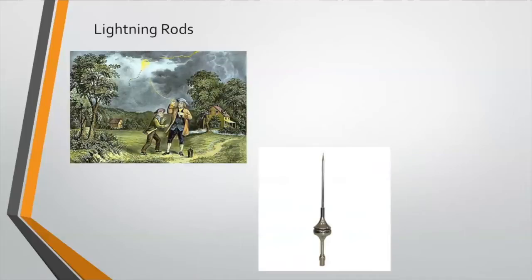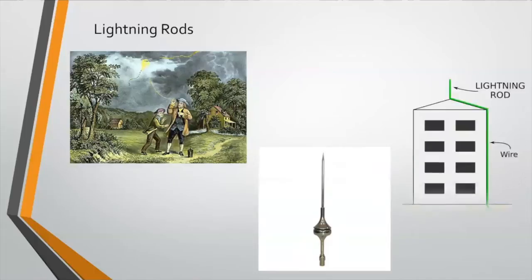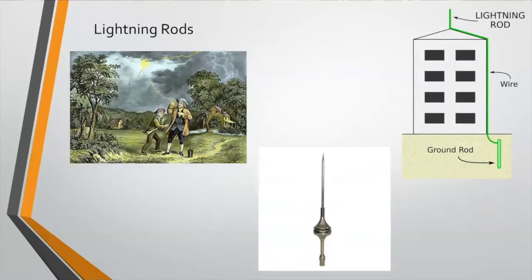This rod is connected to a big piece of copper or aluminum wire, which is connected to a conductive grid buried in the ground, as seen here. Here is a good example of how the lightning rod works. It's here, connected to a wire that is connected to the ground, to a rod that is inside the ground.